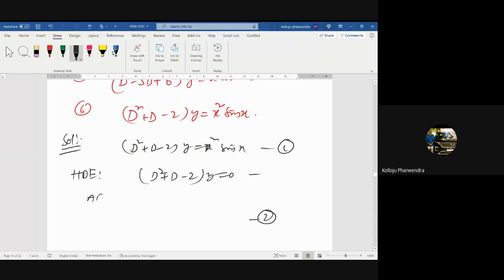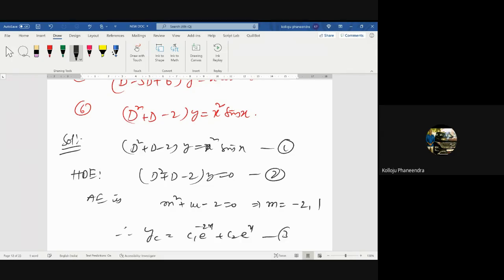Auxiliary equation is m square plus m minus 2 equal to 0. What are the roots? Plus 2, minus 2, 1. Is it correct? Therefore, y is c1 e to the power of minus 2x plus c2 e to the power of x.